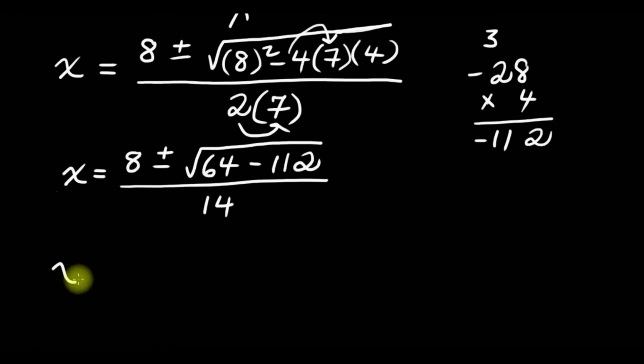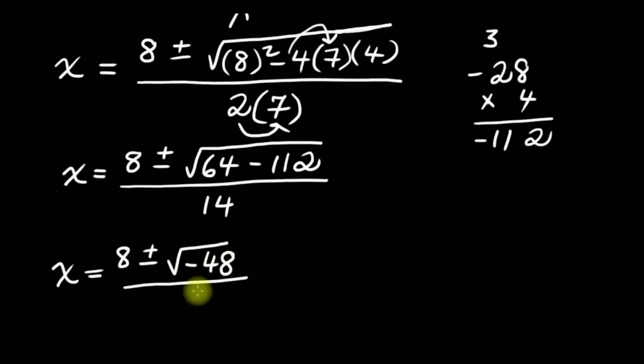So continue to simplify. x is 8 plus or minus the square root of 64 take away 112. Okay, and then here you have 64 take away 112 is going to give you negative 48. And then that whole thing is going to be over 14.